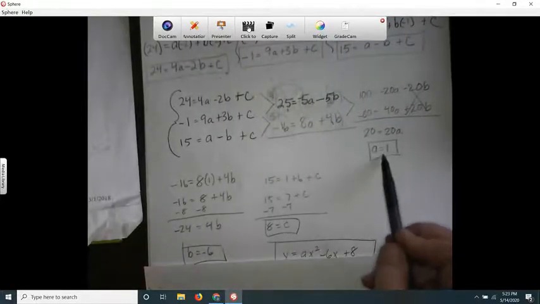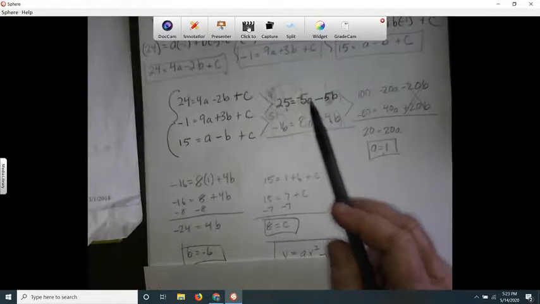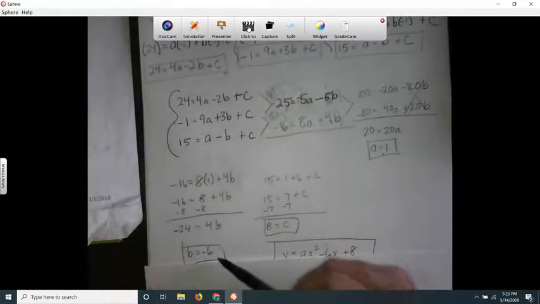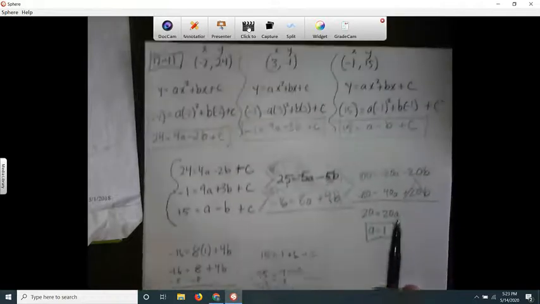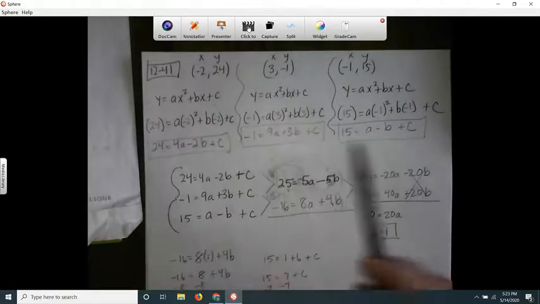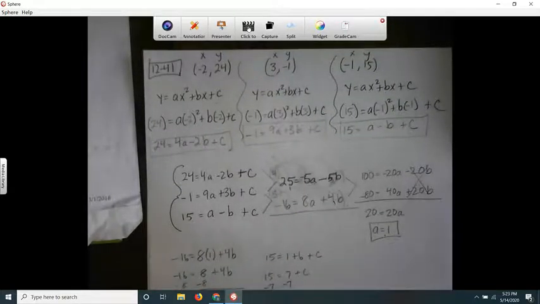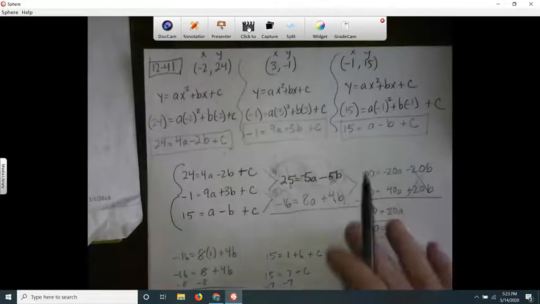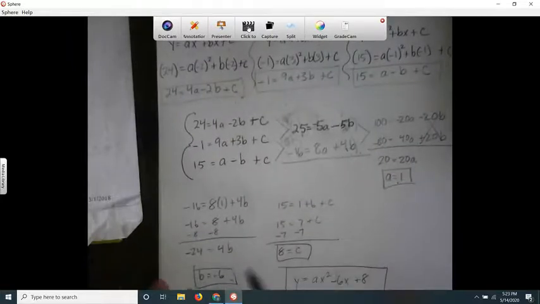Once I had a and b, I just need to plug those into one of the equations that has all three variables so I can find c. I thought this one was the easiest. If a is 1 and b is -6, and I plug them in here, here and here, then I can get c.